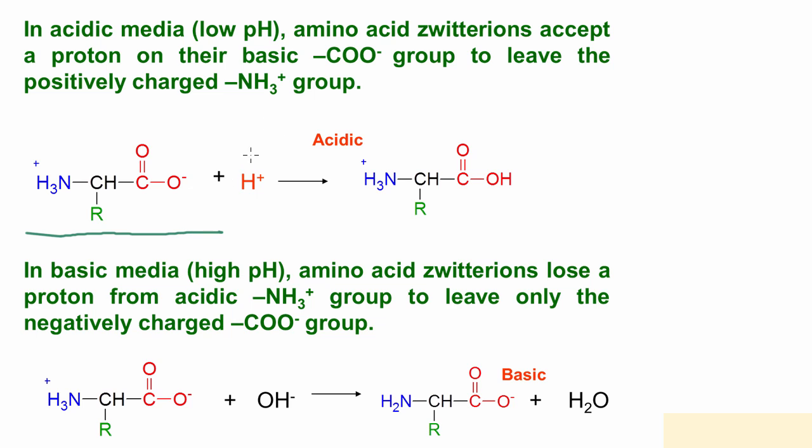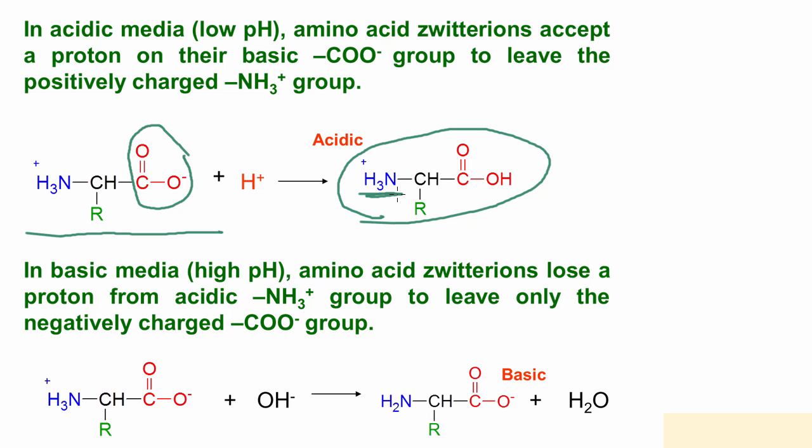We have an acidic medium, so a lot of hydrogen ions or protons there, right? And it will accept a proton on the basic carboxylate group here, and that'll leave a positive charge on this group here, so that'll be positively charged.